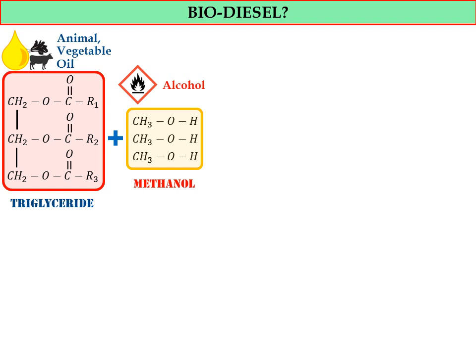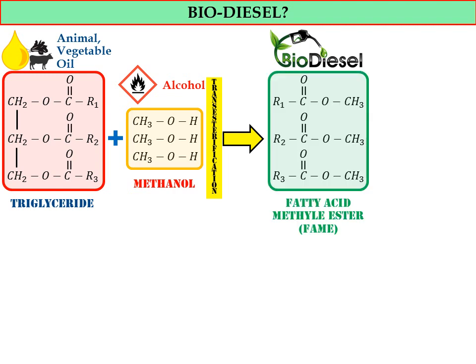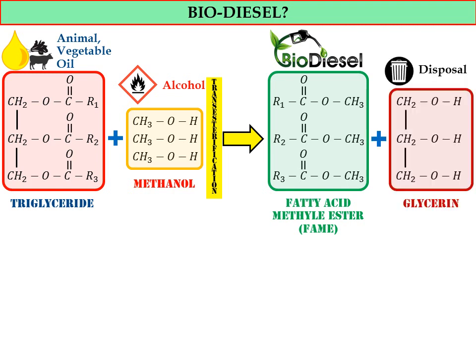These two materials go through the transesterification process and then produce biodiesel fuel. In terms of chemistry names, biodiesel fuel is referred to as fatty acid methyl ester, FAME, and this is the chemical equation for the biodiesel plus the glycerin.